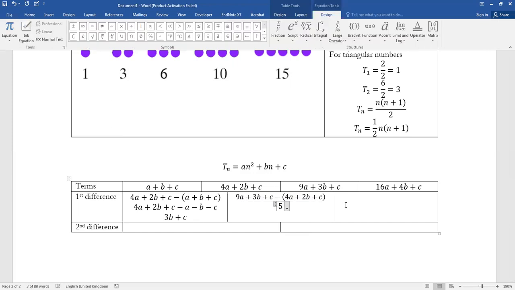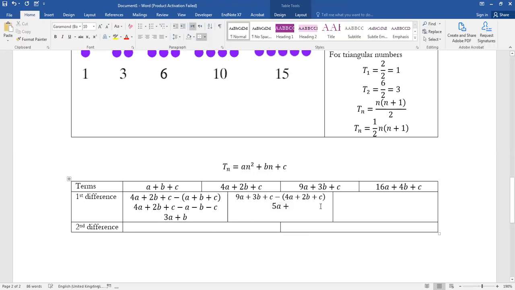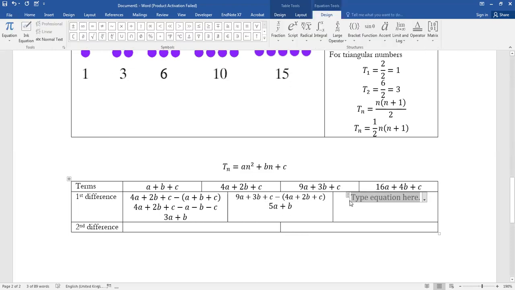You'll be left with 5a plus b. Sorry, I made a mistyping here. This will be 3a plus b, and in this one we'll be left with 5a plus b. And similarly, if we do it in this one, you can observe the pattern that it must be 7a plus b.